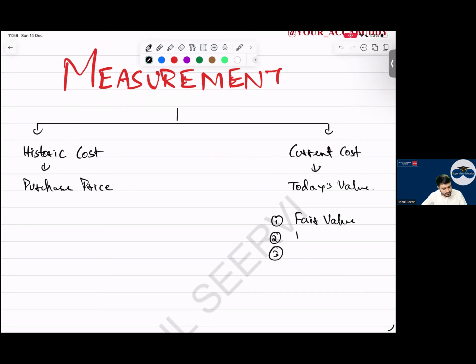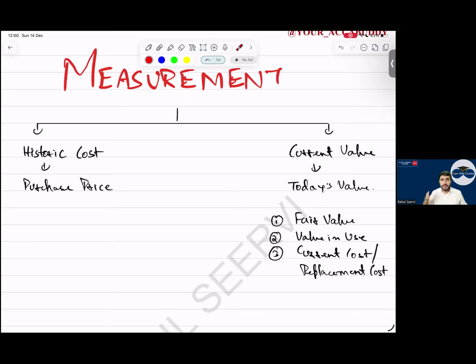Fair value. Then value in use. Then recoverable amount. Current cost, or we say replacement cost.